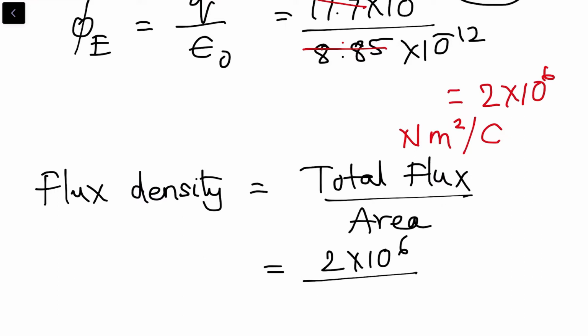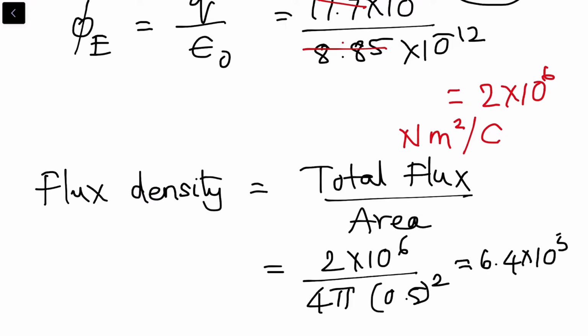Area, since it is a spherical shell, is 4 pi r square, that is 4 pi into radius 0.5 square, and once you simplify you will get 6.4 into 10 to the power of 5 Newton per coulomb. I am not doing much calculation here because it will take quite a long time for YouTube.